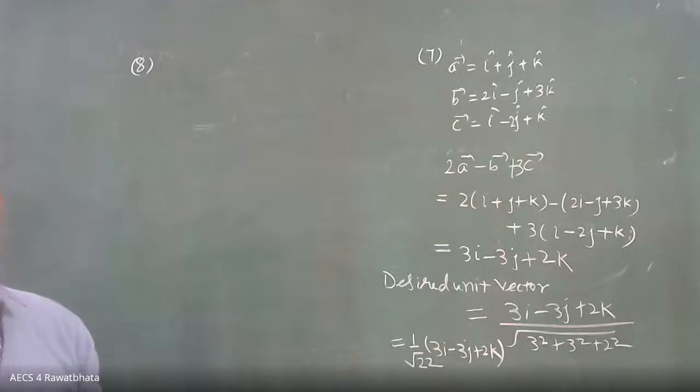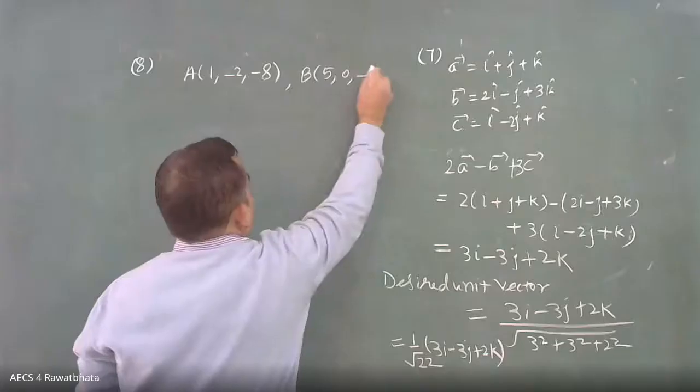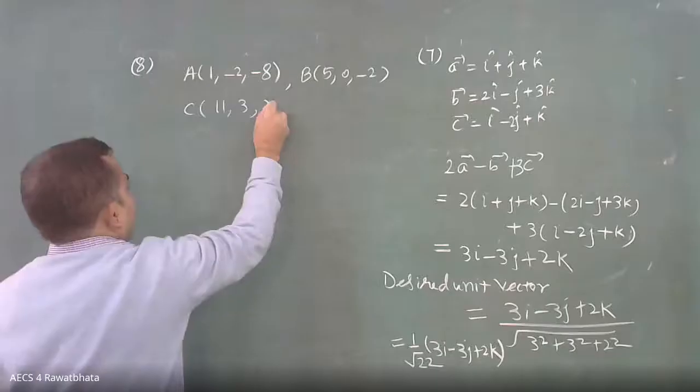Yes, sir. Yes, please. Question 8. Yes, Manu. Yes, sir. So the points A (1, -2, -8), B (5, 0, -2), C (11, 3, 7) are collinear.